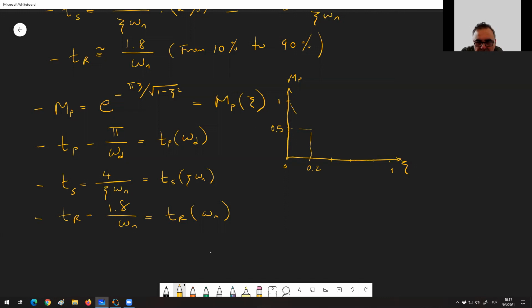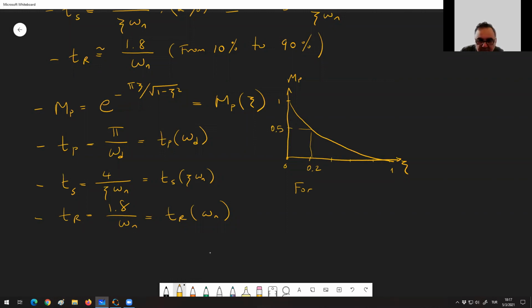So it is a curve that is like this, okay? But e to the something is a difficult thing.